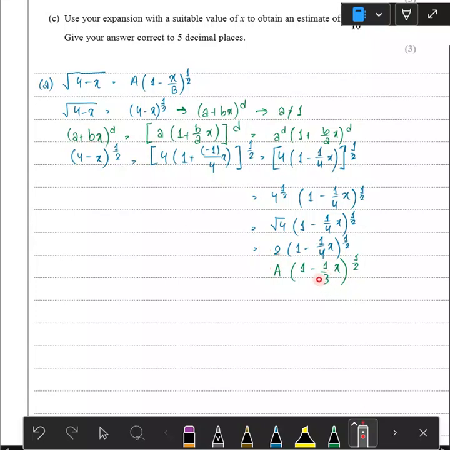Negative 1 by b is equivalent to negative 1 by 4, so b is equal to 4. So you can just say that a is equal to 2 and b is equal to 4.